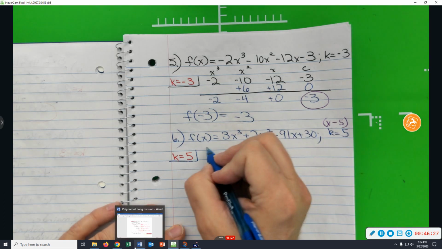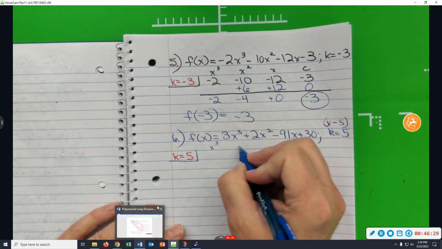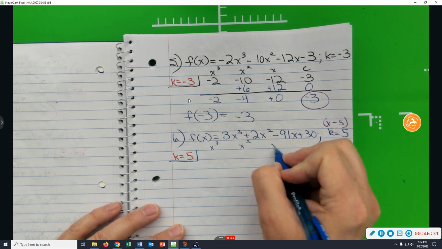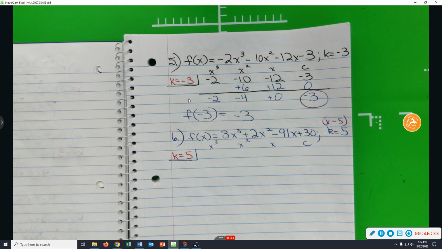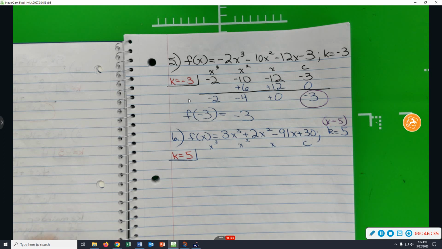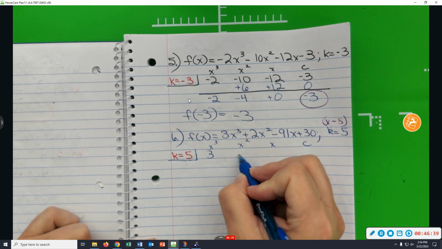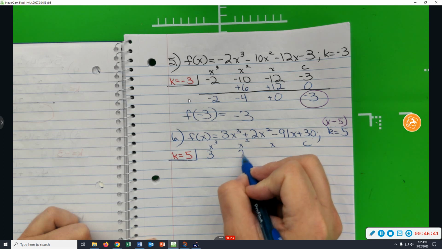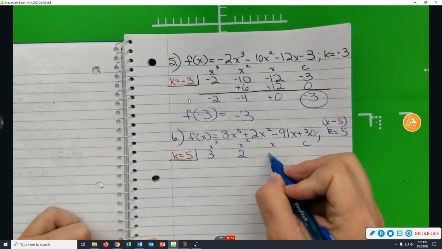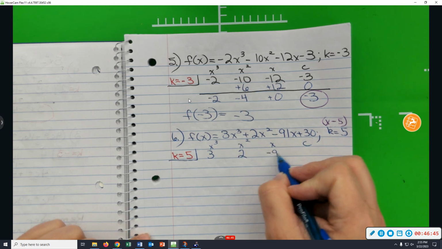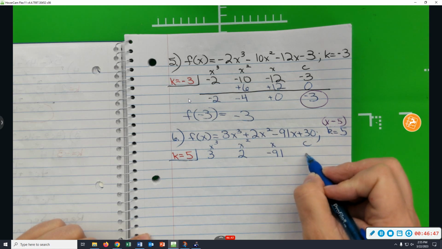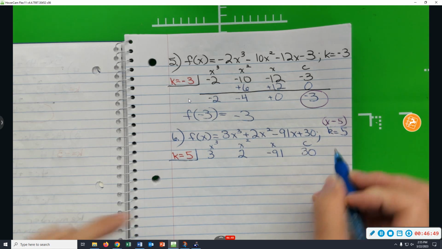So I'd set my x cubed, x squared, x, constant, and have my coefficient 3 here, 2 here, negative 91, I agree, and my constant, so 30.